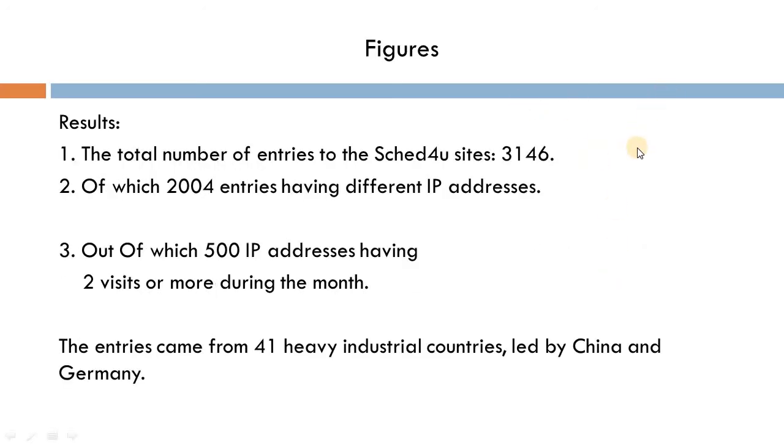Result: the total number of entries to the Sched4u sites is 3,146, out of which 2,004 entries having different IP addresses, out of which 500 IP addresses having 2 visits or more during the month. The entries came from 41 heavy industrial countries led by China and Germany.